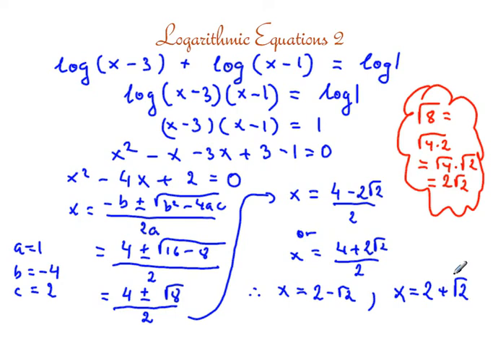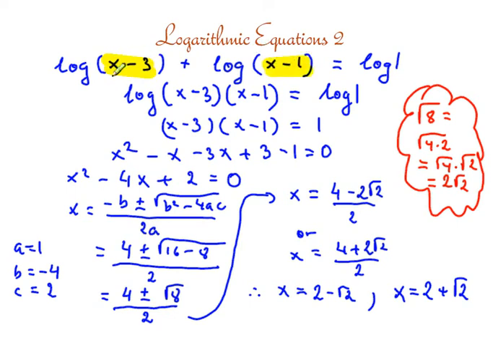The question now is which root is acceptable, both, one, or none. Quickly, let us go back to the beginning of this equation. X minus 3, remember, has to be greater than 0. X minus 1 has to be greater than 0.